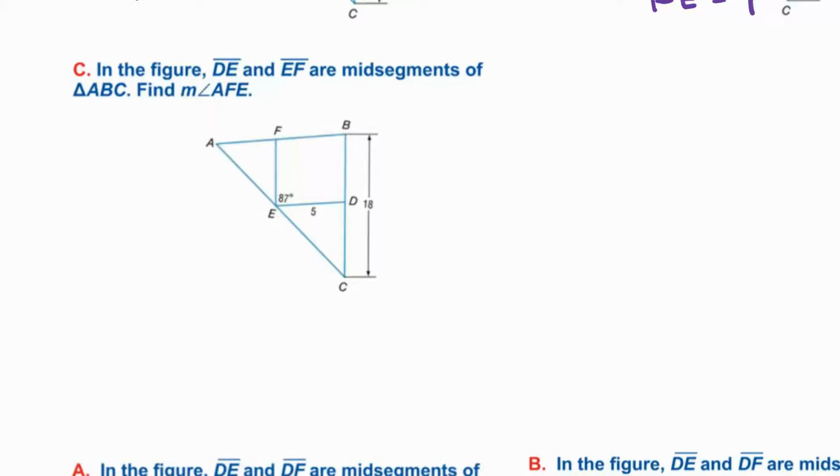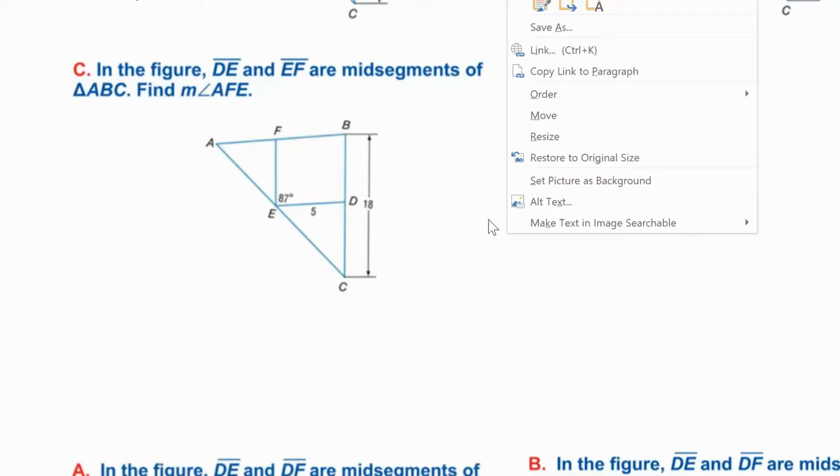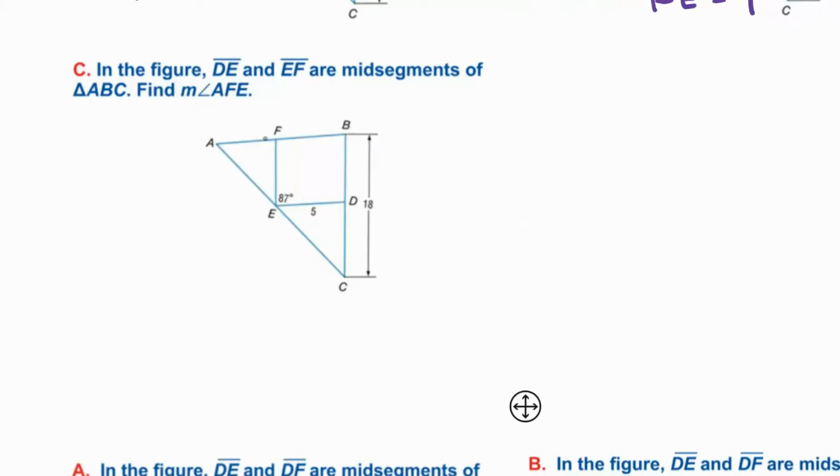In the next problem, we're told that DE and EF are midsegments of triangle ABC. We want to find the measure of angle AFE. We know that FE and BD are parallel to each other. And we also know from this midsegment here that these two are parallel to each other.